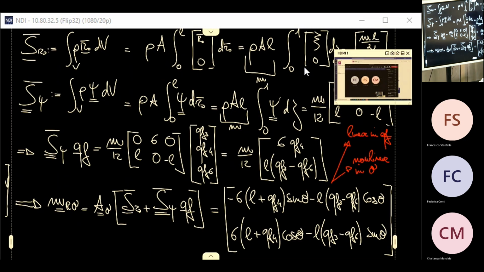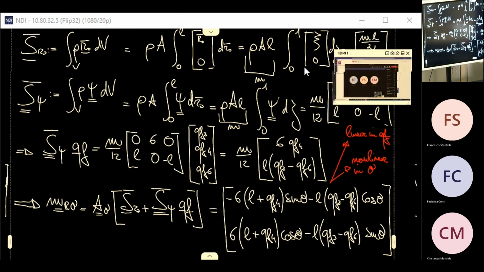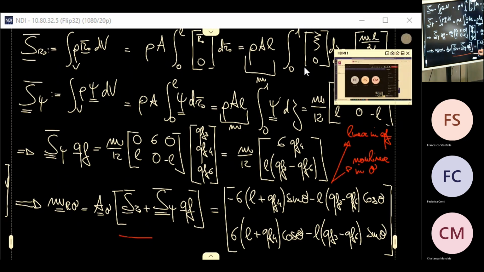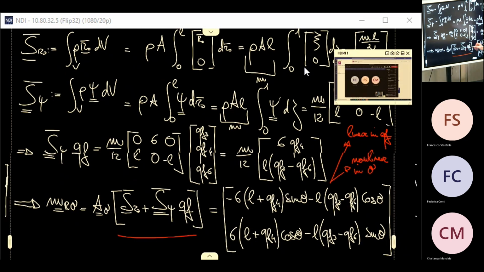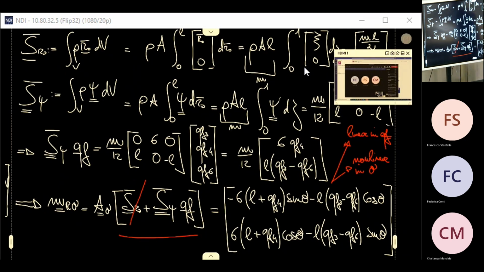Again, from this definition here, you can see two things that we have already ascertained. That's to say, if you choose the center of mass of the body as the origin of the local coordinate, this vanishes.